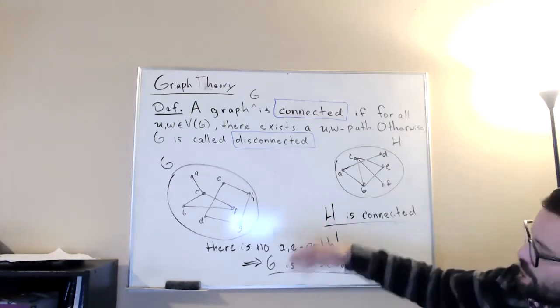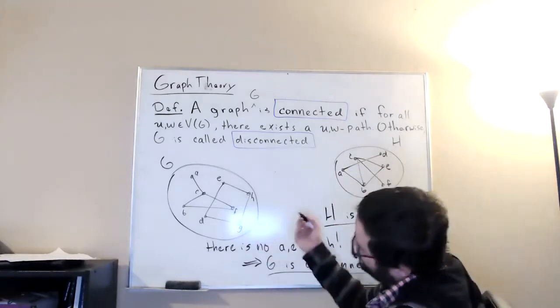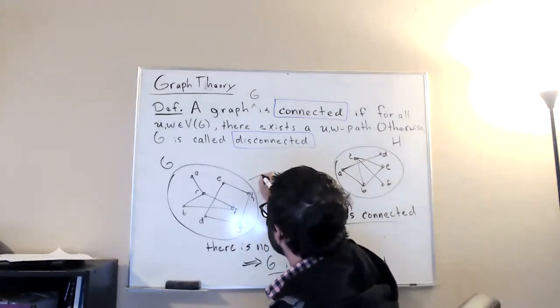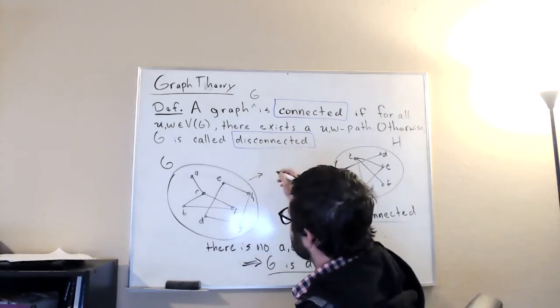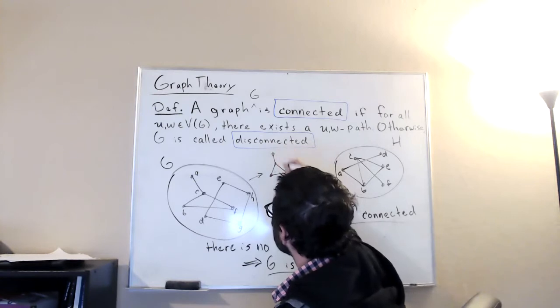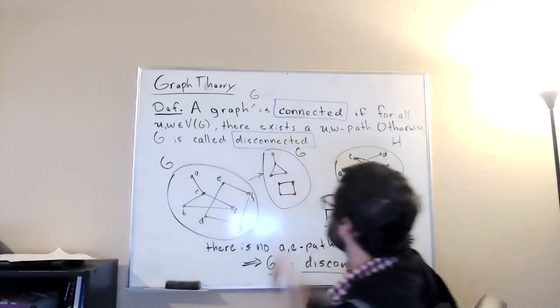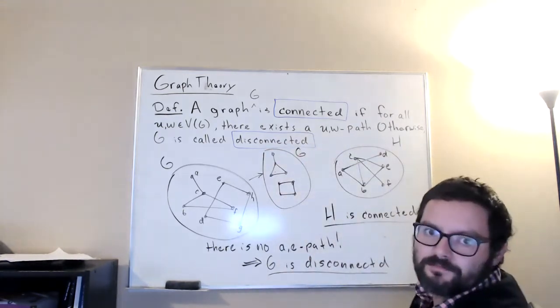And when you draw it, you can draw it in a different way that might work a bit easier. So for example, this graph G can be drawn like this. This is also G. That's the same graph.